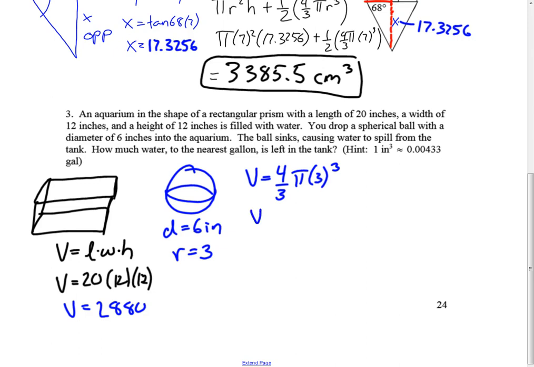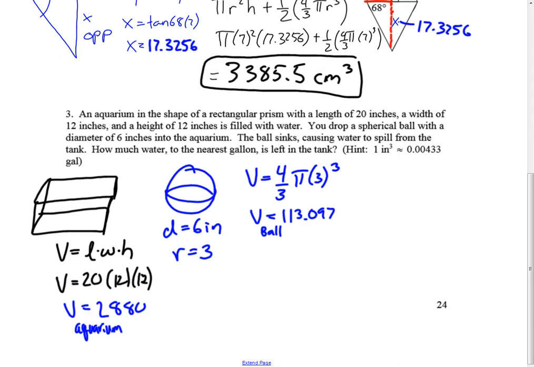So the volume of the ball is 113.097. When you're doing multiple volumes, we should write down what these things are, like the volume of the aquarium. The ball sinks, causing water to spill. How much water to the nearest gallon is left in the tank?